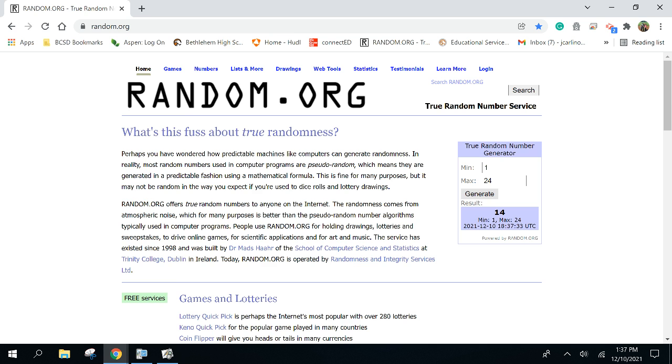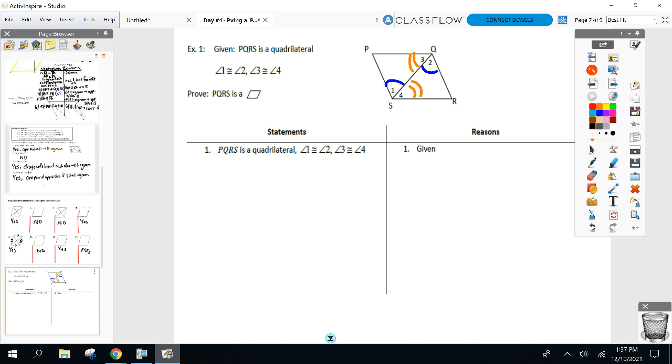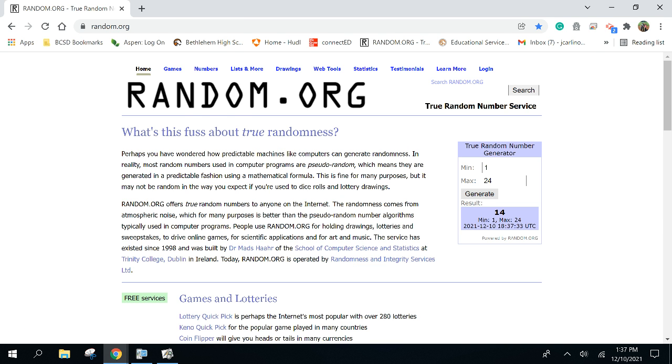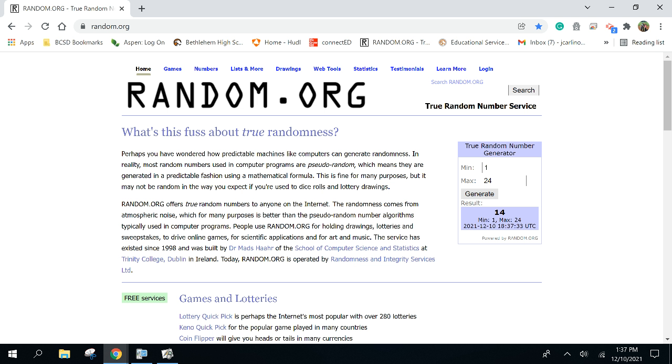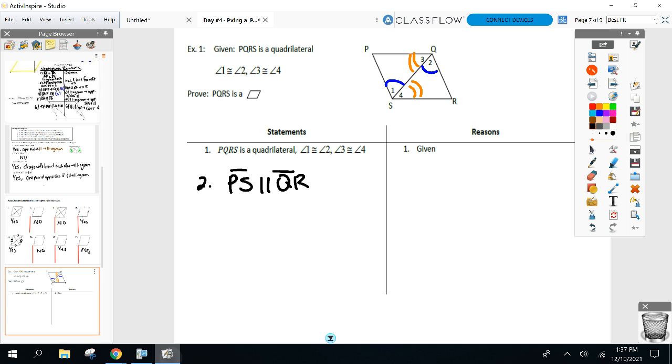Yes. Parallel to PS, that's because 1 is congruent to 2. And anybody have anything else? Because 3 is congruent to 4. I'm just going to put it in the same statement. It'll be the same reason.